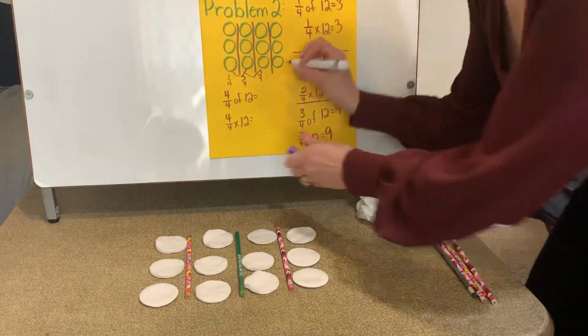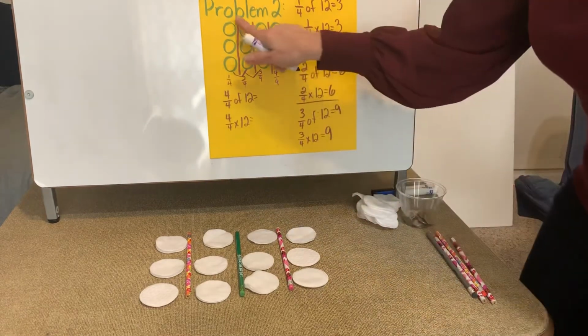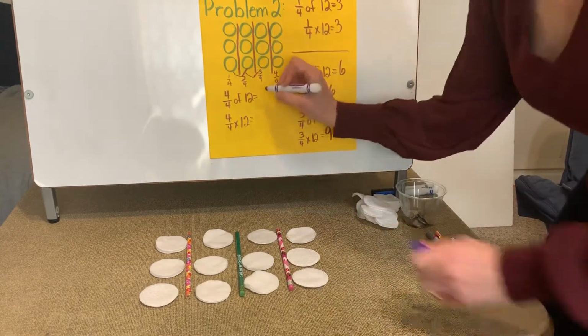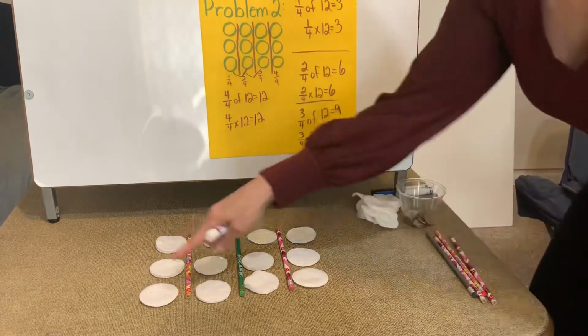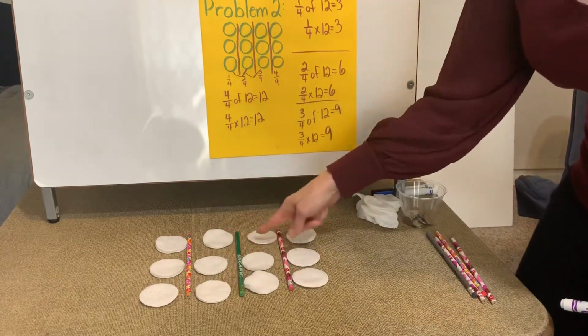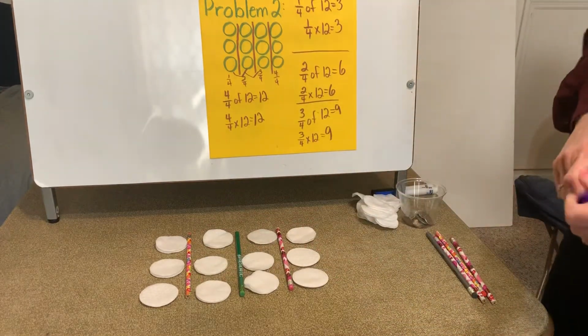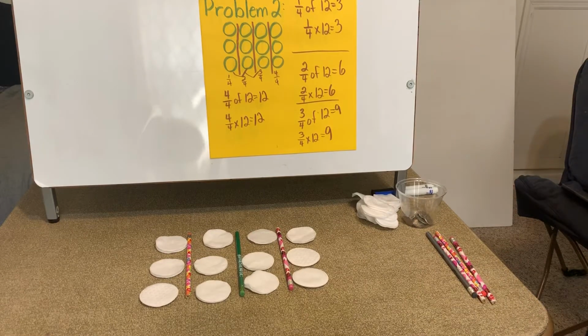So adding this on would get me my 4/4, and that would be the whole thing, or all 12 counters. Or down here, all 12 of my cotton rounds. 1/4, 2/4, 3/4, 4/4.